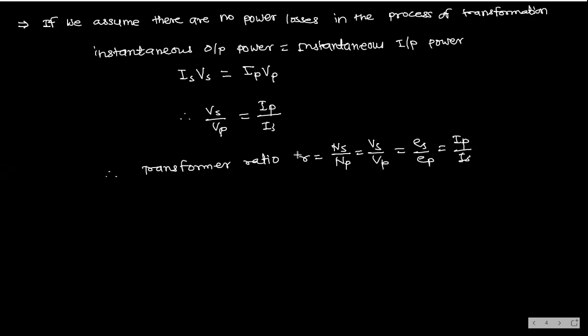Just current you are getting reverse. Remaining all are ES at denominator. In the current case, it is IP by IS.